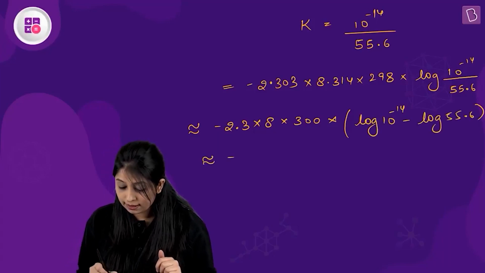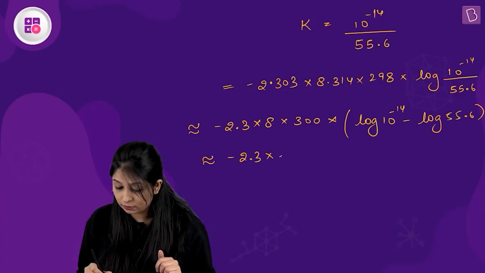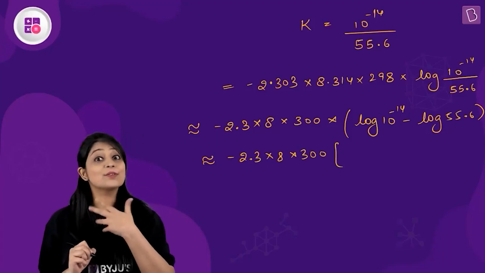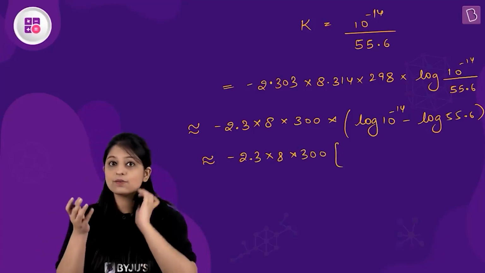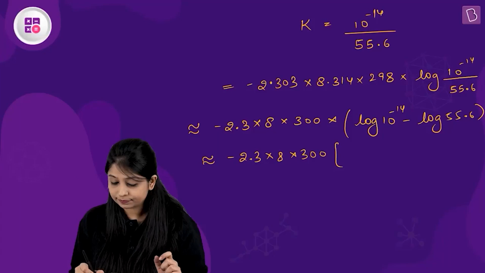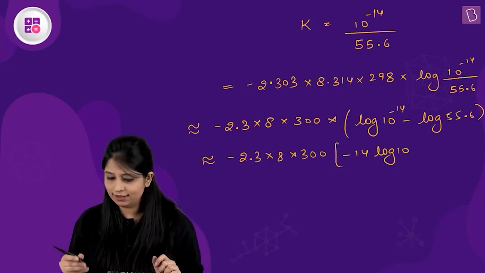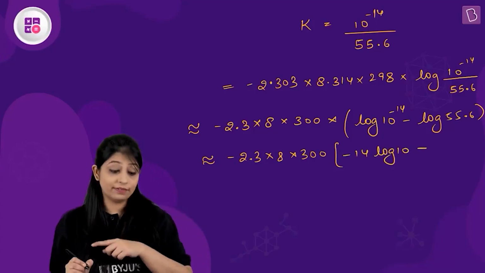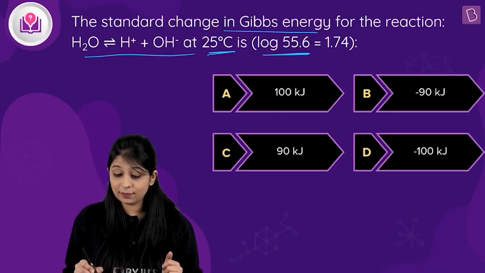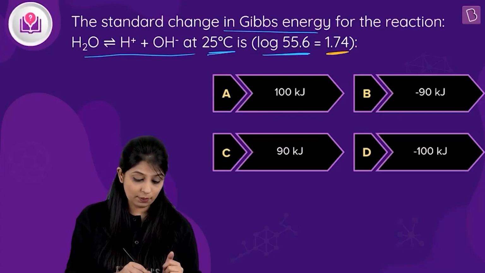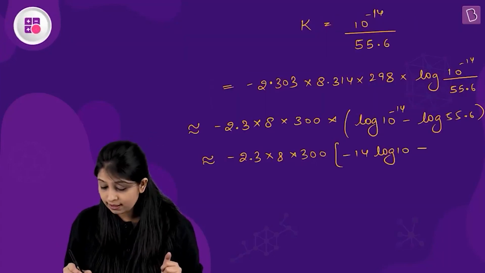Okay, so minus 2.3 into 8 into 300 into log of 10 to the power minus 14. This is easy: minus 14 will come to the front of the log. This becomes log 10, and log 10 is 1. Minus log 55.6, and we have been given that value in the question, 1.74. So minus 1.74.